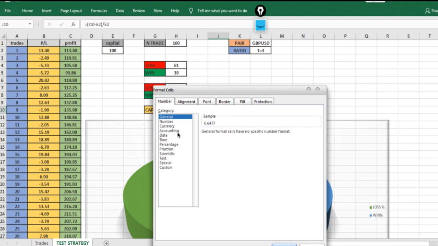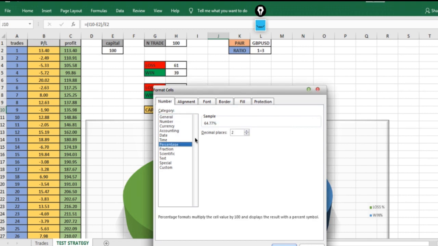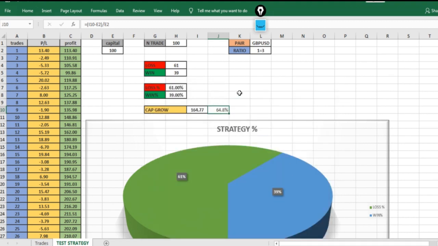Here you see the percentage. You're growing your capital by 64%. I think that's very good, and only professional people are making that, not amateurs.